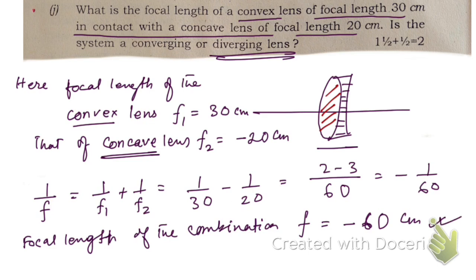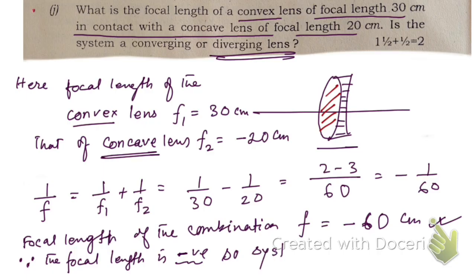So since the focal length is negative, the system is diverging. Write the proper spelling in the exam. Hope you have understood this.